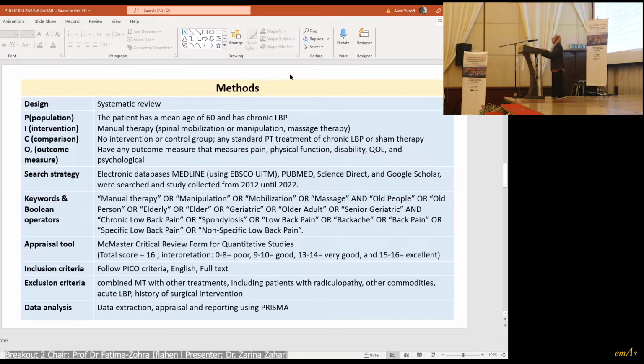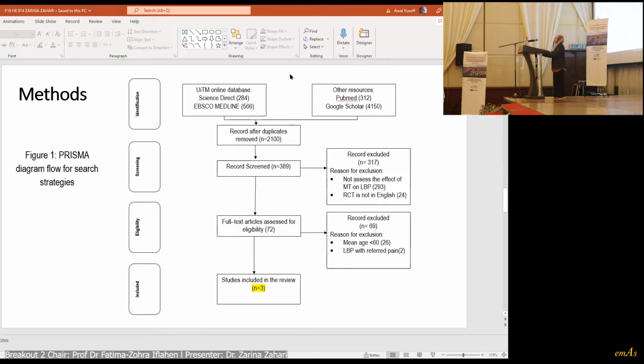For analysis, we extract the data and then appraise and report using the PRISMA. This is a PRISMA flow diagram of the search strategies. We searched many studies from Science Direct, EBSCO, Medline, PubMed, Google Scholar, and so on.